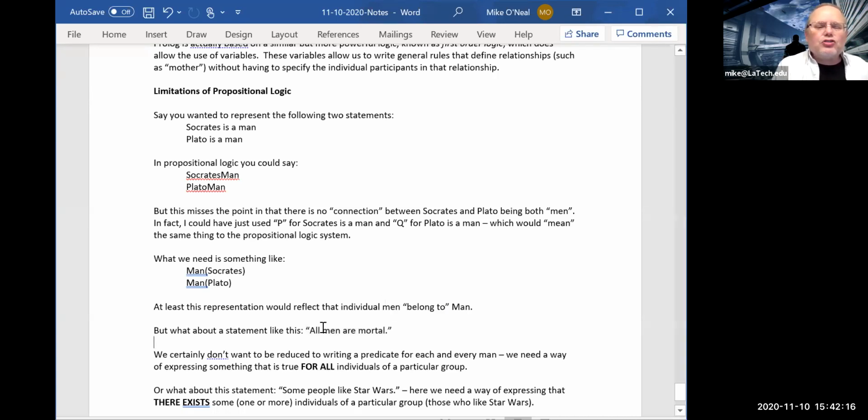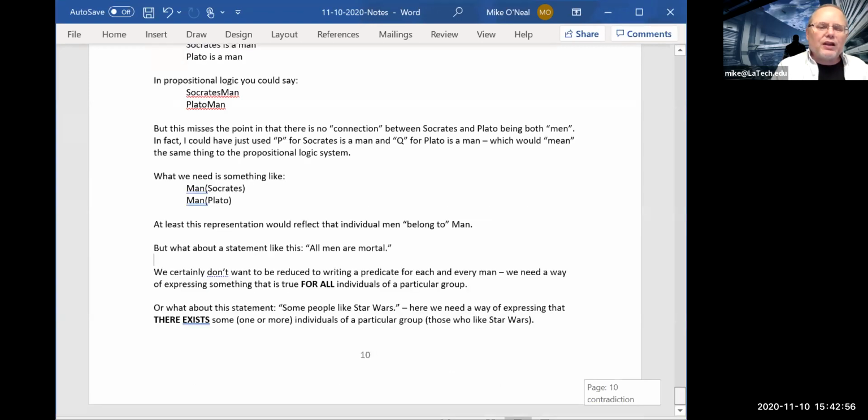But do you see that I'm making a huge point here? You can make statements about entire classes of objects, where before, with propositional logic, you can't do that. Everything is its own little proposition, its own little variable. And there's no way that you can talk about a group of items, where with first order logic, you can talk about a group of items. So you can talk about something being true of all of the members of the group.